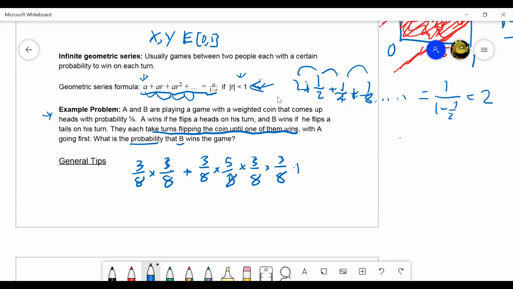And you can kind of see that this logic can be applied to any number of terms afterward. So this would be a geometric series, and the first term is 9/64, and the common ratio would be 15/64.